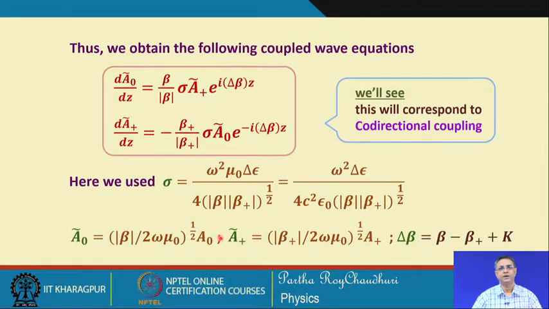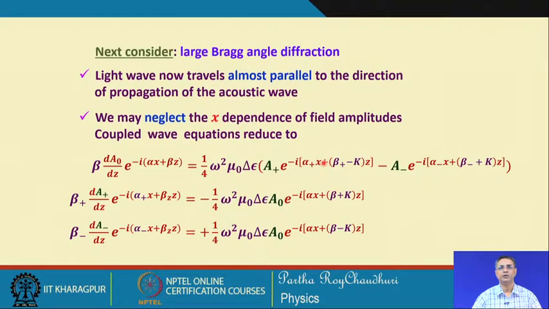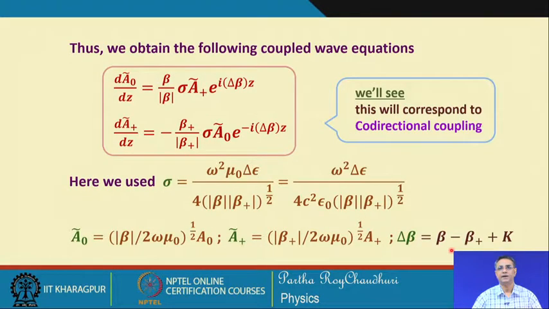So, this is the amplitude in the modified form of the incident optical beam, and similarly this is the amplitude of the first plus order diffracted optical beam. And this delta beta has appeared because if we simply take into account this beta minus beta plus minus k and this beta, if you equate them, then we can write that this difference of these two things, beta minus beta plus plus k. So, beta plus k equal to beta minus. If it is not exactly 0, then in this case you will have delta beta.